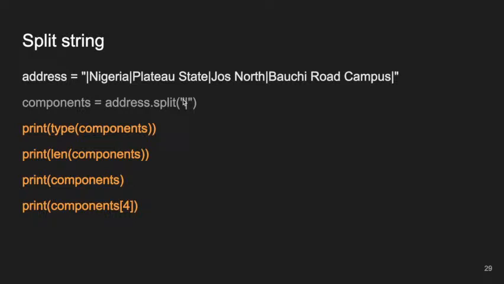So when you do the split, because it started from the beginning, it's going to put empty quotes and then Nigeria next, because it's splitting what is between the pipes. There's empty quotes between this pipe and Nigeria. In between Nigeria and Plateau State, there's another pipe. In between Plateau State and Jos North, there's another pipe. Likewise here, Bauchi Road Campus, and then you have a pipe. It will assume that there's another empty quote here.